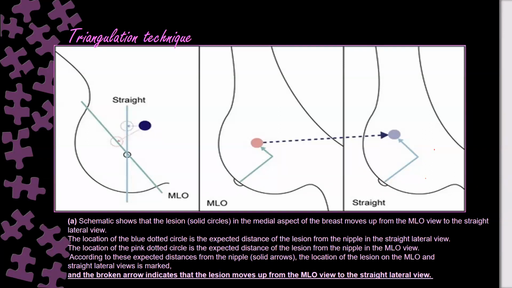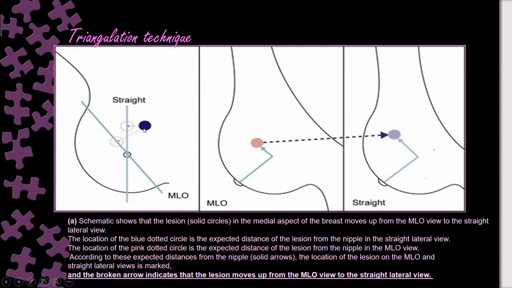Okay? This is the breast, divided into medial and lateral. Here you have the medially located lesion. This is the mediolateral orientation of the MLO, and this is the orientation of the straight lateral.